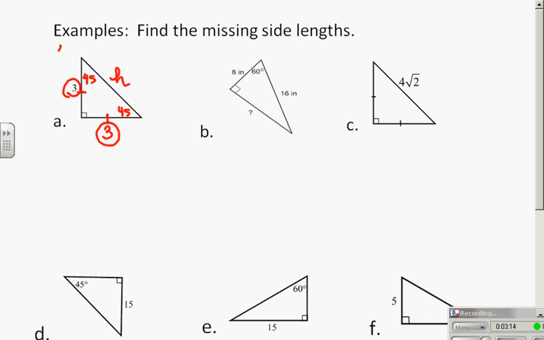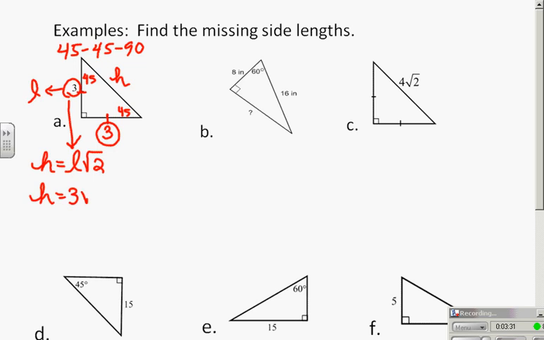So now I just need to solve for my hypotenuse. In a 45, 45, 90 triangle, if you remember, the hypotenuse is equal to the leg times the square root of 2. This is the leg substituted in right here, and the hypotenuse is equal to 3 square roots of 2. And that is all there is to it.